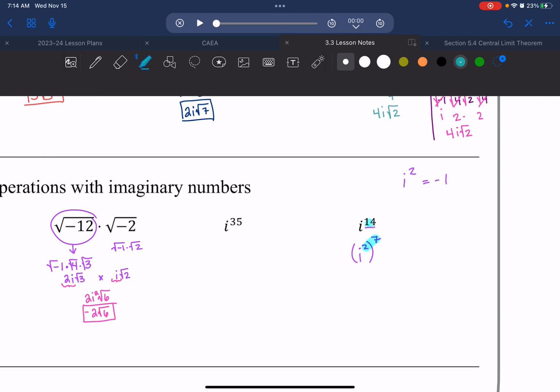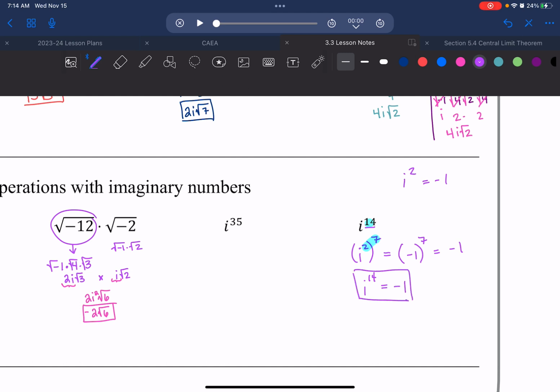So I rewrite that by substituting -1 to the 7th power, which is simply -1. So i to the 14th is equivalent to -1.